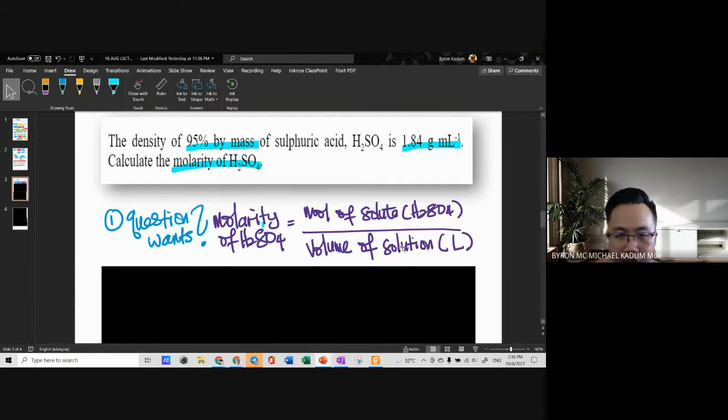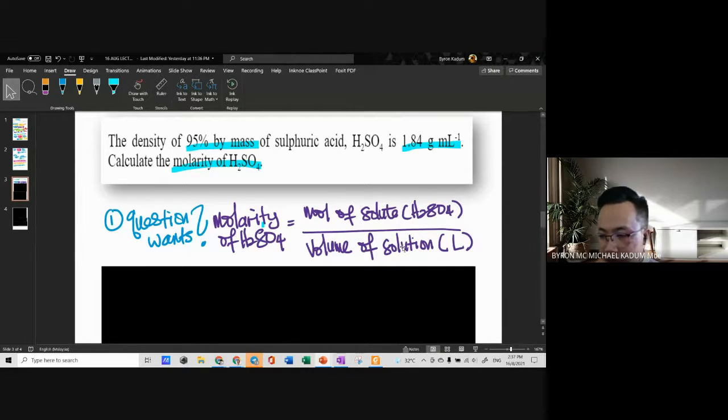If the question doesn't say aqueous or other things, that means your solvent will always be water. For your matriculation level, solvent will always be H2O. Remember that, unless the question says otherwise. If you have a different type of solvent, they're going to tell you. You don't have to worry about that one.